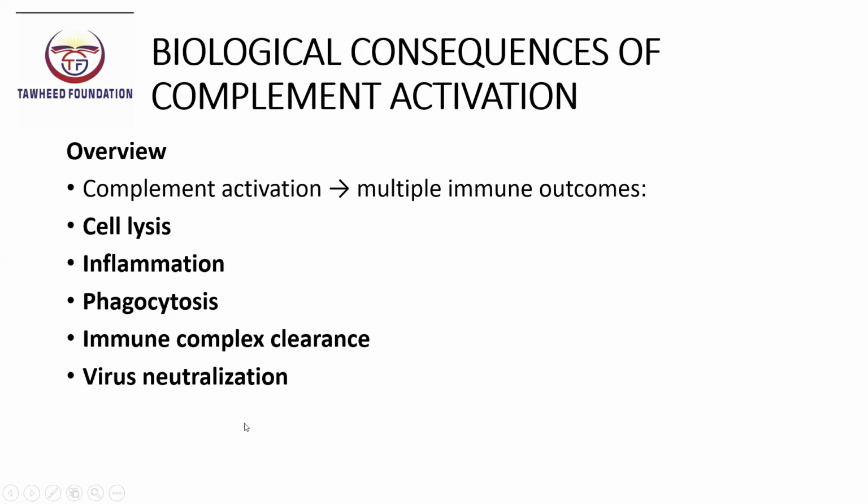These outcomes work together to eliminate pathogens quickly and efficiently while also promoting tissue healing and immune regulation. Thus, complement activation is not only a killing mechanism but also a bridge that coordinates multiple immune processes.